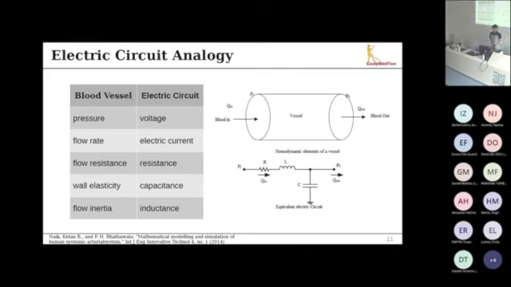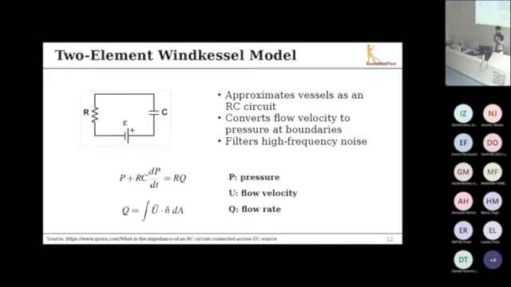That's amazing. So this Greenberg strategy relies on the two-element Windkessel model, which is simply an RC circuit. The dynamics of this RC circuit is given in the formula on the left.